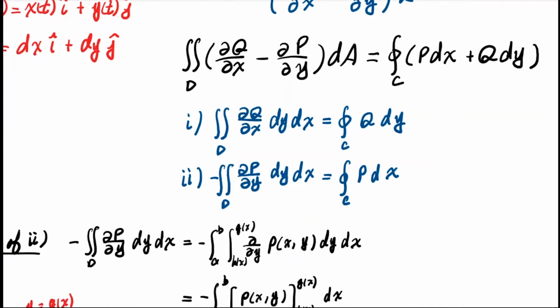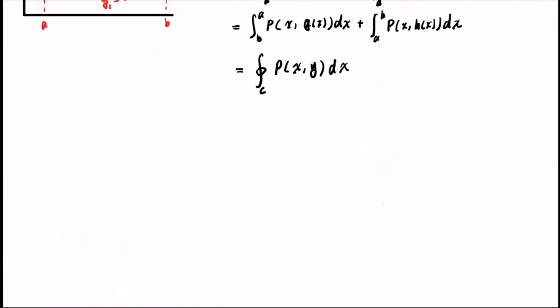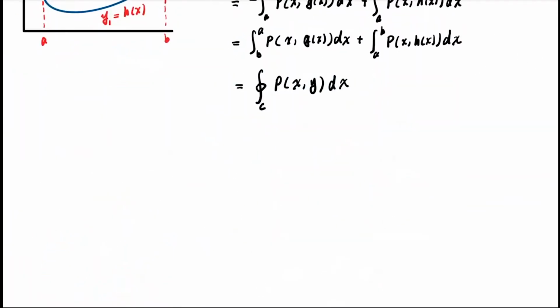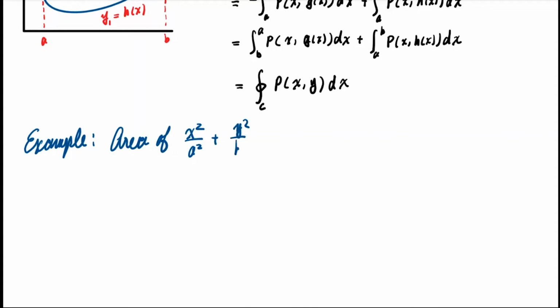Yeah, let's do that. Okay, let's go back down here and take an example. Let's say we want to find the area of the ellipse x squared over a squared plus y squared over b squared equals 1. Of course, we know the answer is pi ab by now, right?